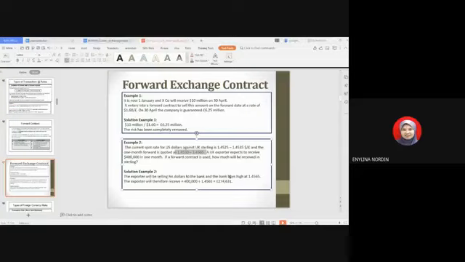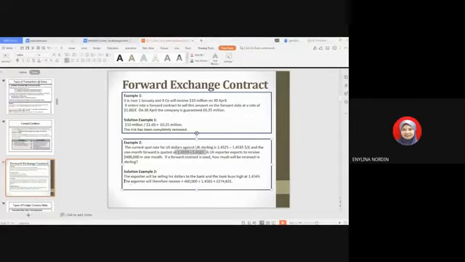The bank will buy the dollar, so the bank buys at the high rate. What rate from the forward contract here? This one, 1.4565. If there is a premium, then you have to minus the premium. If there is a discount, then you plus the discount, just now, right? Since there is no premium and no discount here, you take the high rate straight away, which is 1.4565.